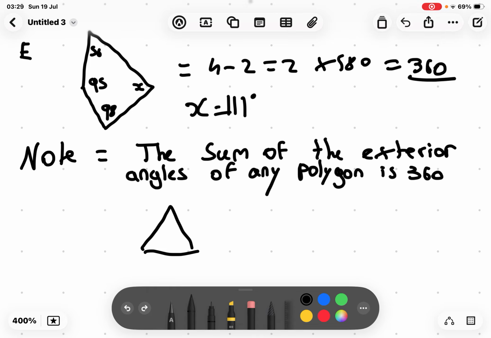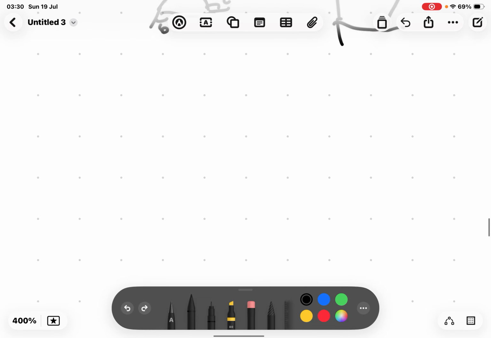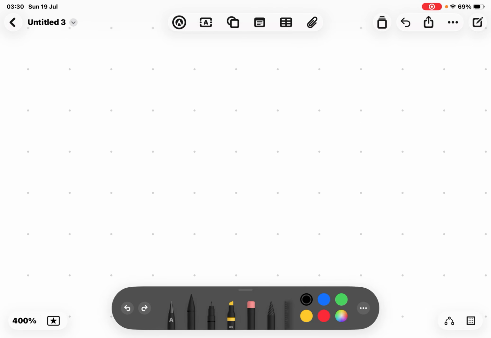I'm thinking how to draw it. Okay, like this, and like this. So let's say, yeah, exterior angles are the ones that are outside, and all of this equals 360. They don't count the ones inside, they count only the ones outside, and that will always be 360. I'm not really sure if it has to be specific, but most likely it is in any way.